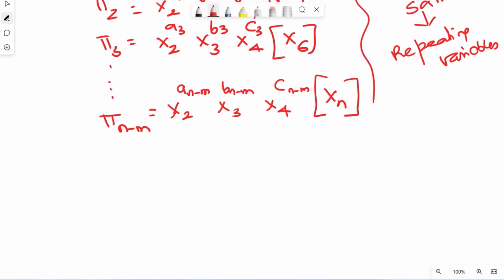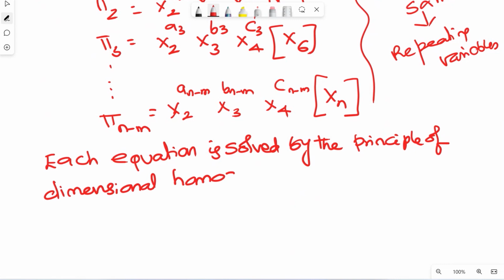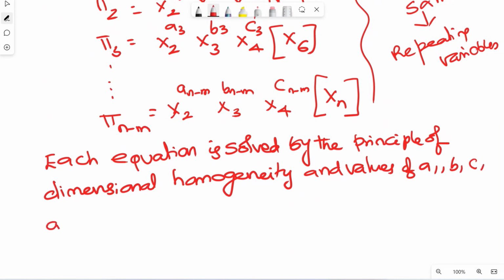And now what we should do is, each equation is solved by the principle of dimensional homogeneity, and the values of a1, b1, c1, a2, b2, c2, and so on are calculated, right?